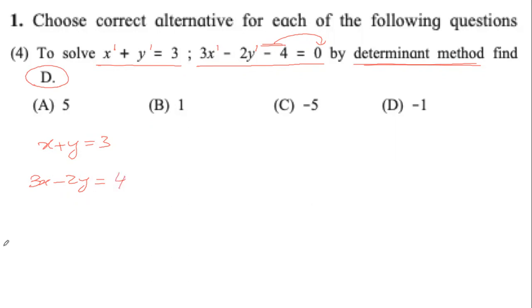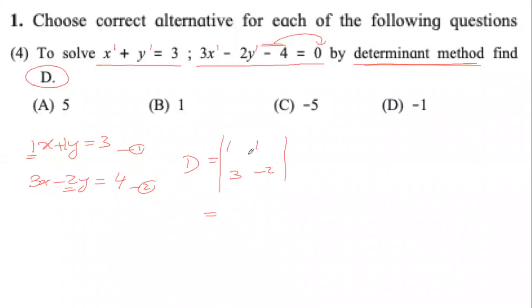We have to do this. The answer to this question we have to write this. We will have to number these equations 1 and 2. And then we will say from here, D equals to, we will make the determinant: 1, 1, 3, then again 1, and minus 2.